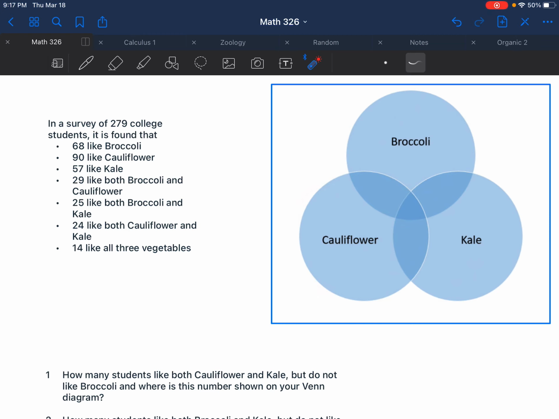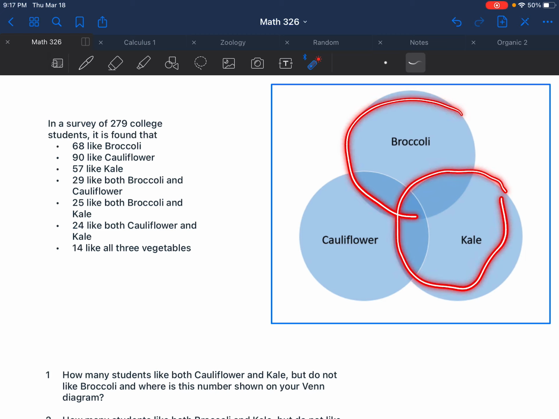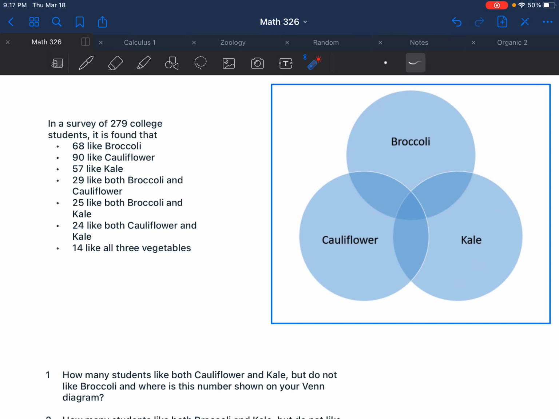Some people like only two of them, so if they only liked kale and broccoli, they would fall into this little spot right here. Some people might only like one of them, so if somebody only liked cauliflower, they would only fall into this spot.